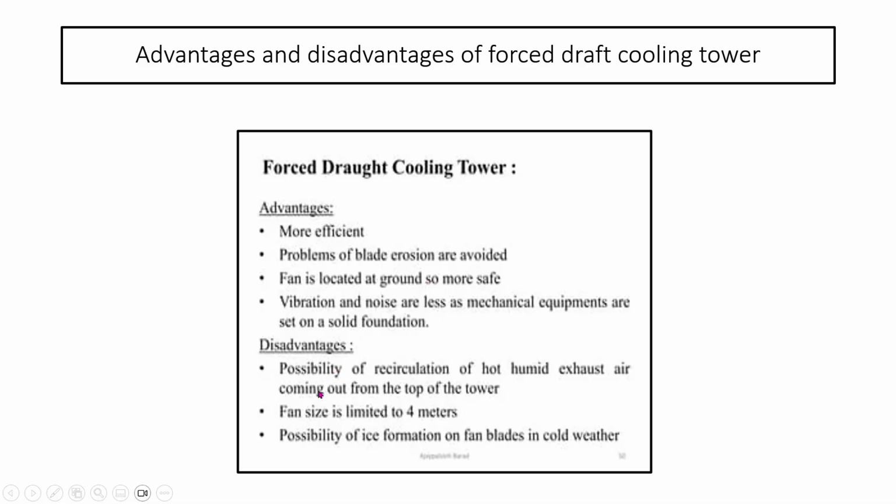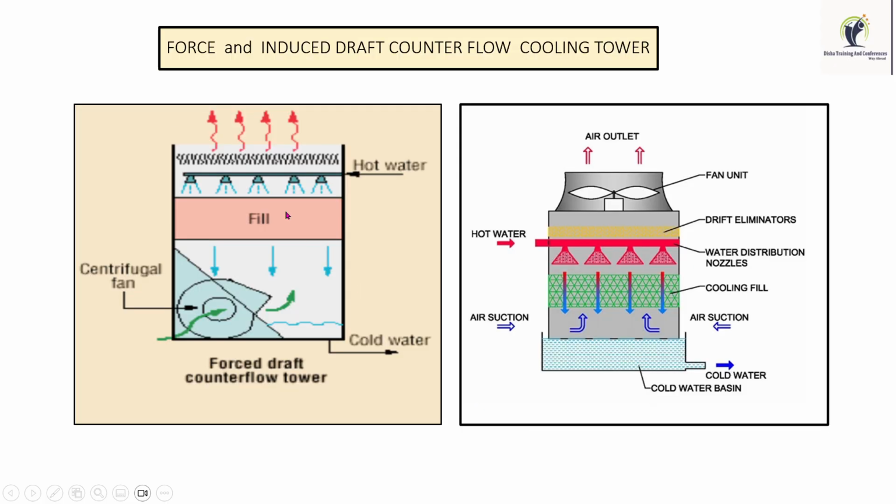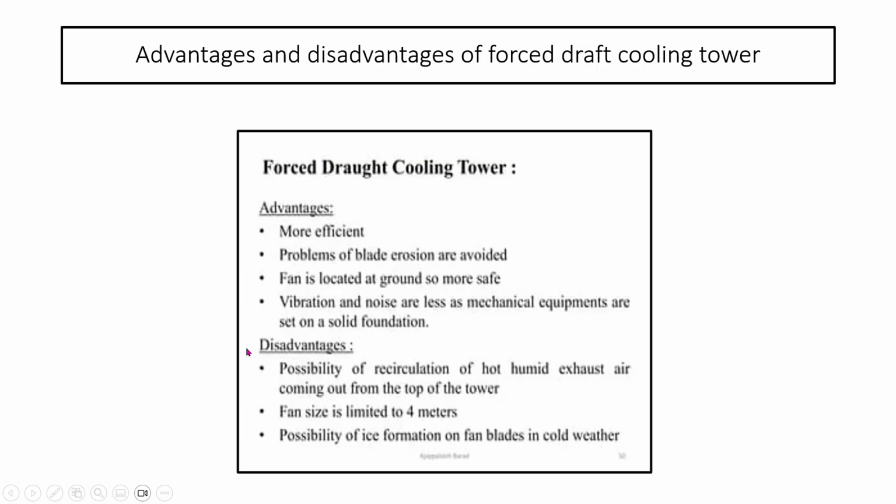The disadvantage is the possibility of recirculation of hot, humid exhaust air coming out from the top of the tower, because a lot of water droplets come out along with the air, so the air will be humid, particularly for the forced draft system. Then fan size is limited to 4 meters.